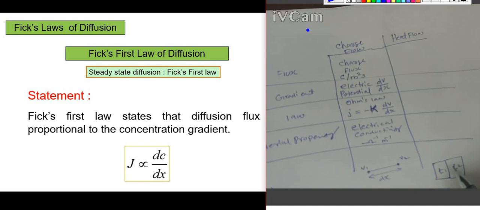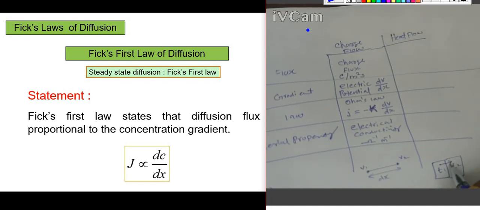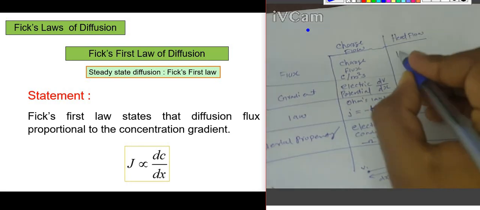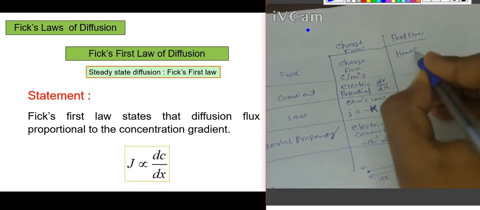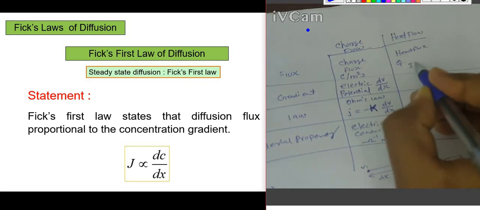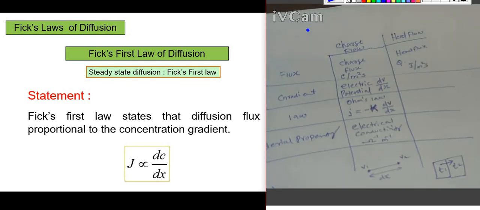So there will be heat transfer from the hot medium to the cold medium. How much energy or heat is transferred per unit cross-section area per second? That is the heat flux, represented with Q, and its unit is joule per meter square second.